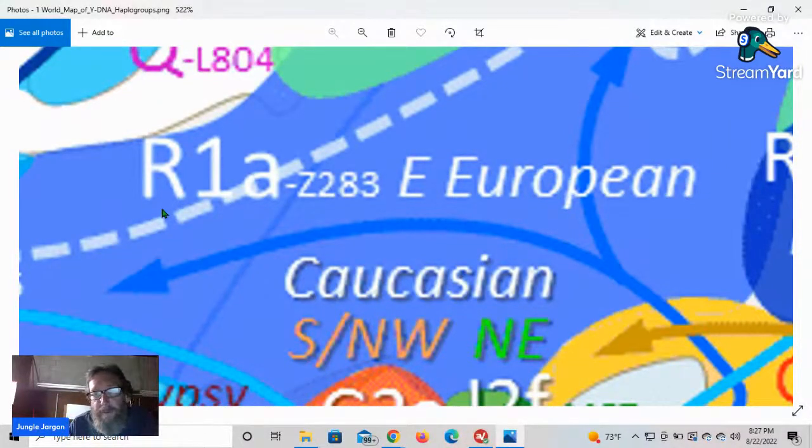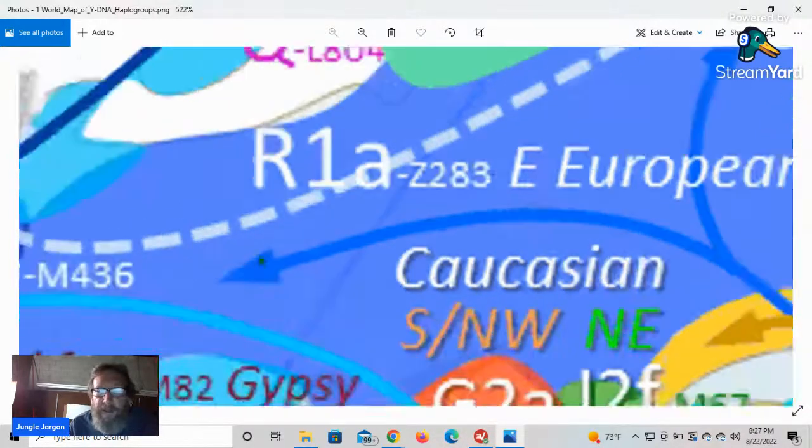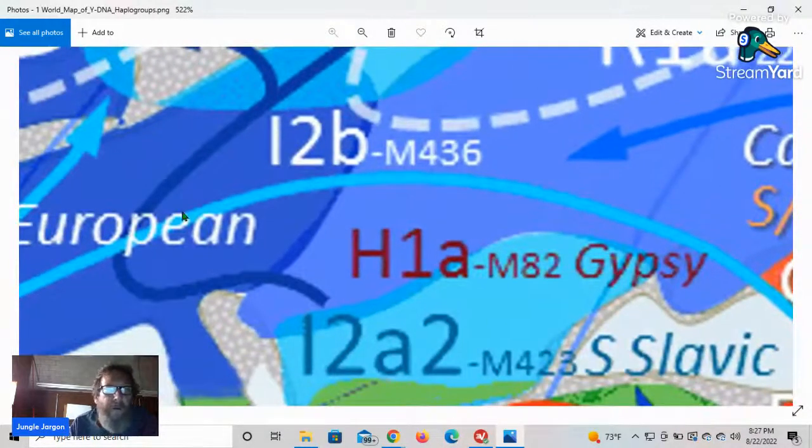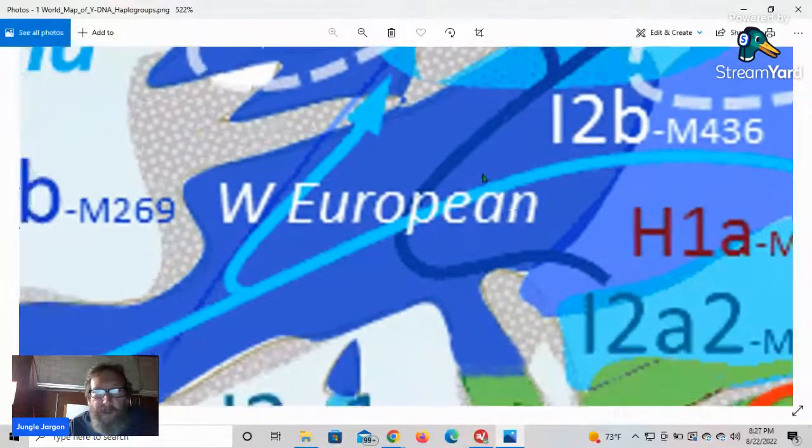I mean, in the land of Ashkenaz, they identify themselves as Ashkenazi, being from the land of Ashkenaz, right? But turns out that they have a larger population of R1A, of course, being in the land of Ashkenaz. They would have a larger population of R1A.